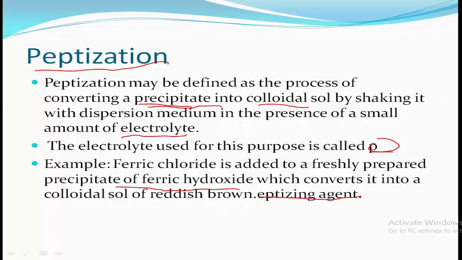So when it adsorbs the Fe+3 ions on its surface, the repulsion will take place, and as a result of that the larger molecule gets broken and it will convert into smaller particles.